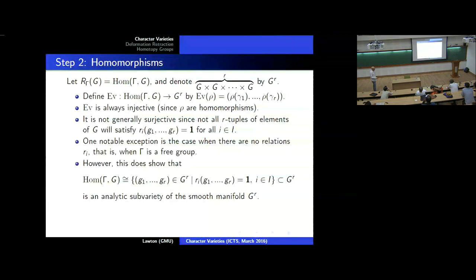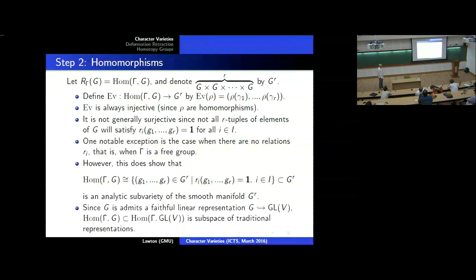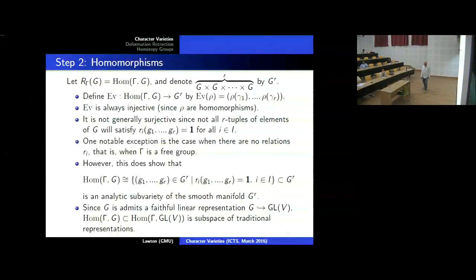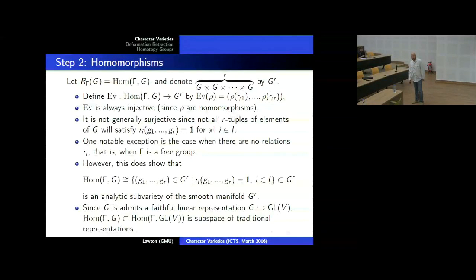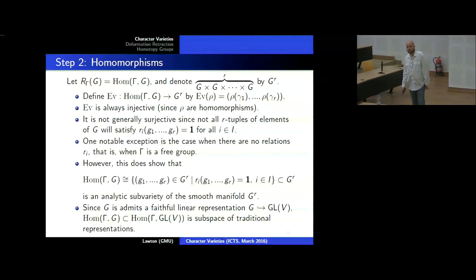It does give a natural structure of an analytic subvariety, and if G is algebraic, then it's an algebraic variety, and in particular a topological space. With respect to real reductive groups, there's always a faithful linear representation, and so you could call this a representation variety. It's a subspace of representations of gamma with respect to a choice of a representation of G.